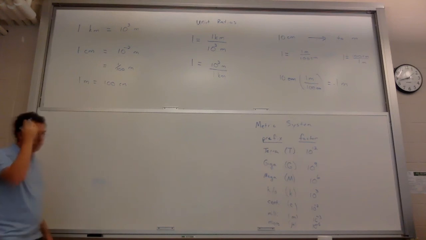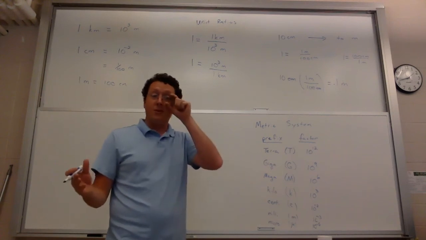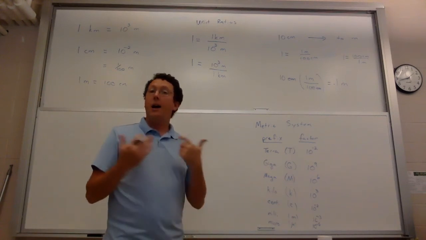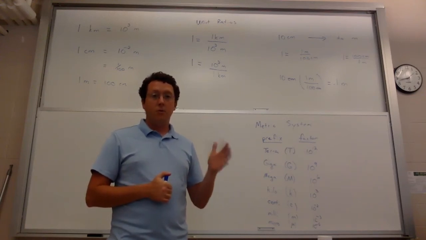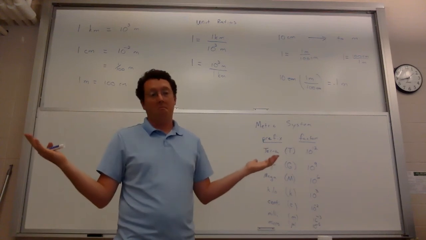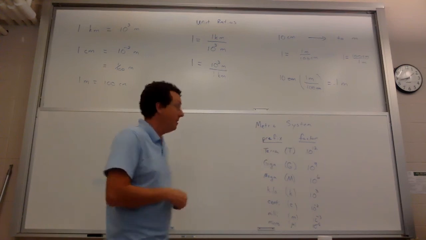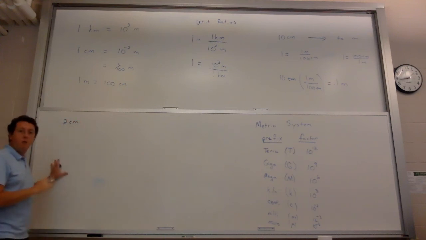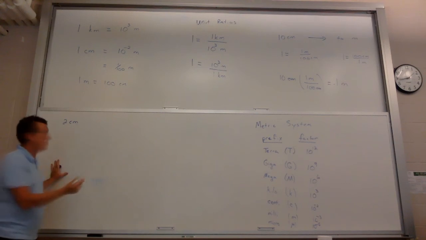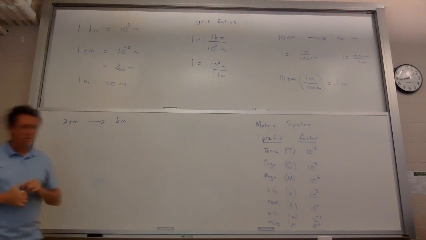Let's say that I had 2 centimeters, and for some perverse reason, I decided that I would like to convert 2 centimeters into kilometers. I don't know why, you know how it is, small town, not much to do. So we start with 2 centimeters, and we want to convert that to kilometers.